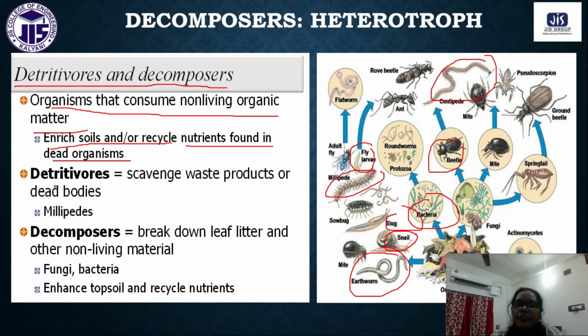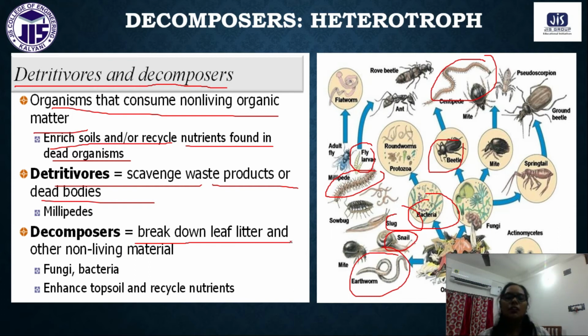Detritivores generally scavenge the waste product or dead bodies, like millipede, centipede. And decomposers break down the leaf and other non-living materials, like fungi and bacteria, enhance topsoil, and recycle nutrients.